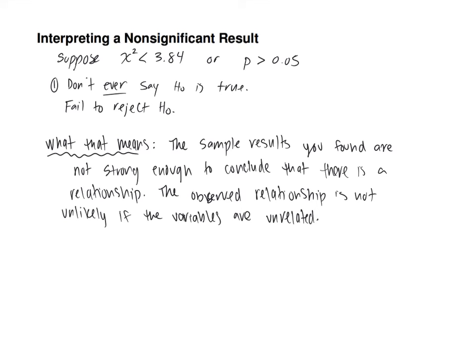But there could be lots of things causing this. You could have a big difference, and the reason you fail to reject H naught is your sample size. Does that make sense? That could be the reason why. And you should try to get a bigger sample size and see if you can redo your statistics. Okay.